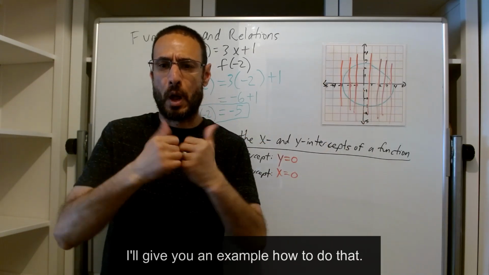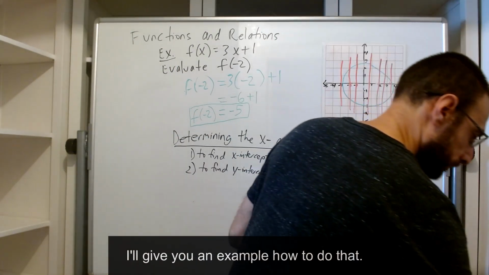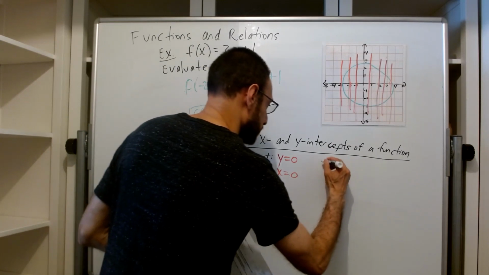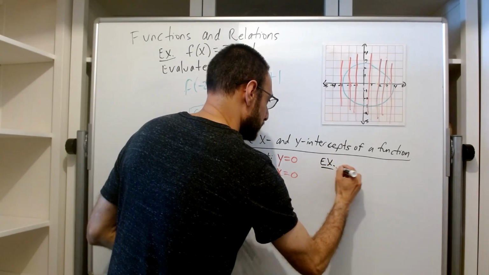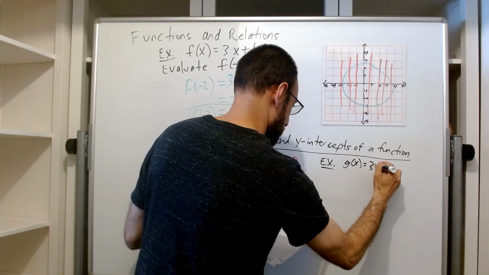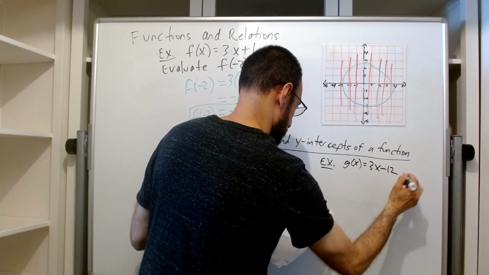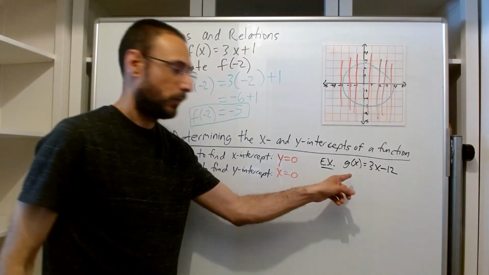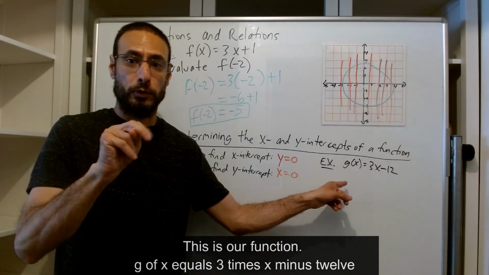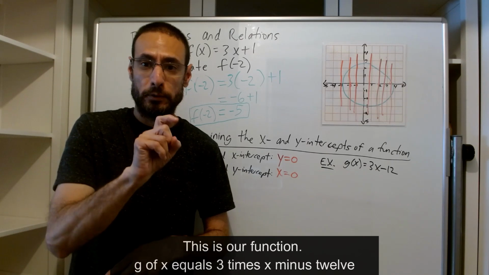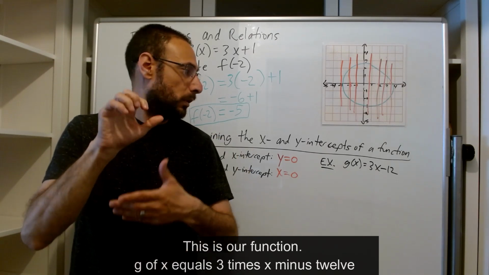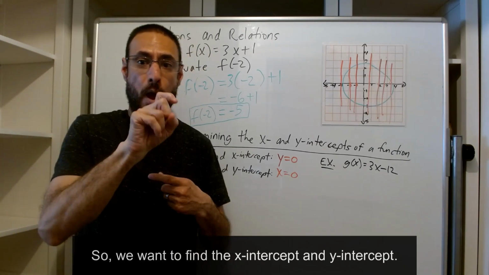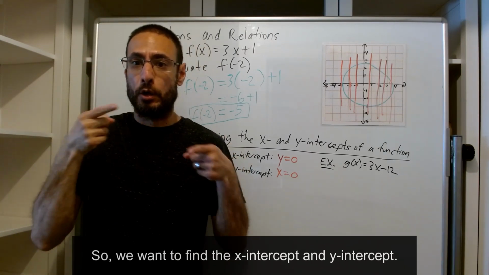I'll give you an example how to do that. This is our function. g of x equals 3 times x minus 12. So, we want to find the x-intercept and y-intercept.